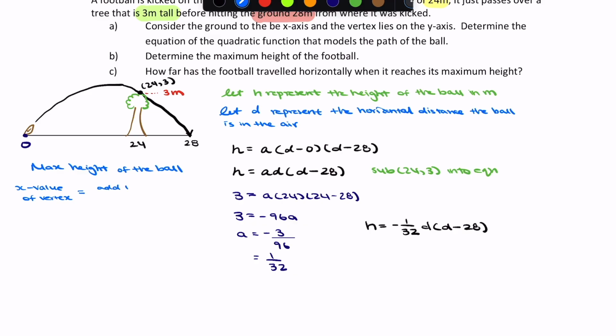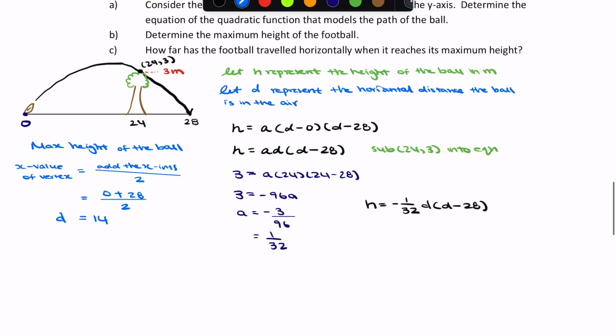So we can add the x-intercepts and divide by 2. So here, our x-intercepts are 0 and 28. Let's divide by 2. So here, we know that when d is equal to 14, that's when there is the maximum height.